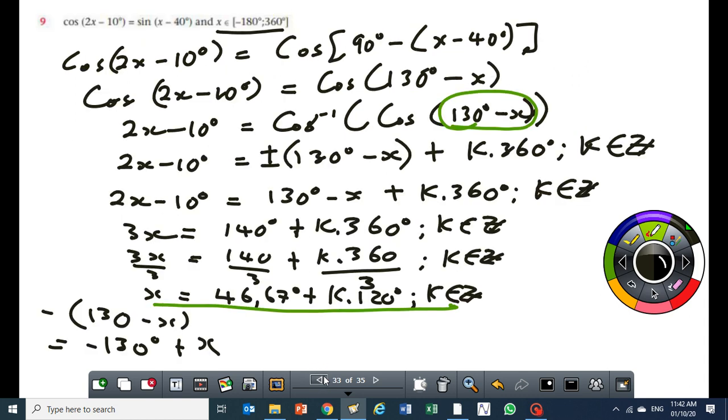I'm not done. I've substituted k equal to 0, k equal to 1, k equal to minus 1. Okay? Now we need to move on to k equal to 2. If I put k equal to 2, 2 times 120 gives me 240. 240 plus 46.67 will give me 286.67.